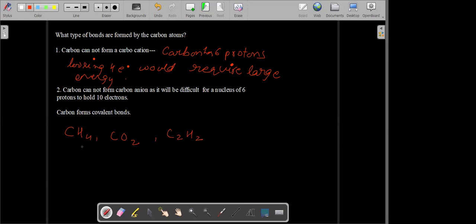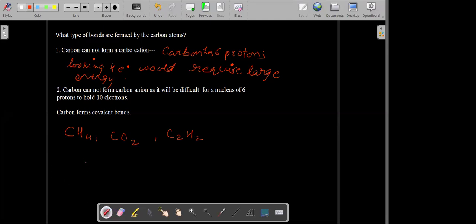As we know, every carbon has 4 electrons in the valence shell, and hence to form its molecule, the carbon must form 4 bonds. So here the carbon should form 4 bonds.